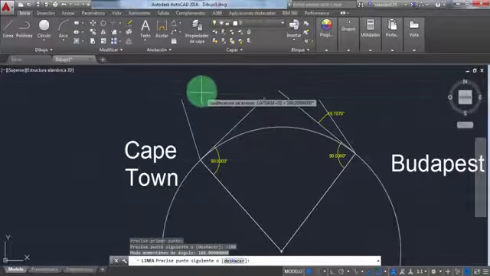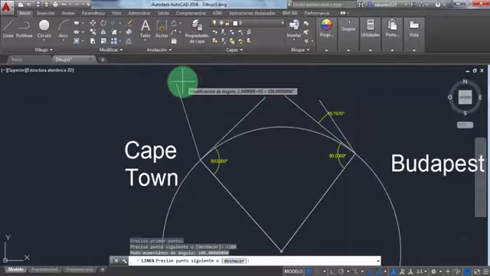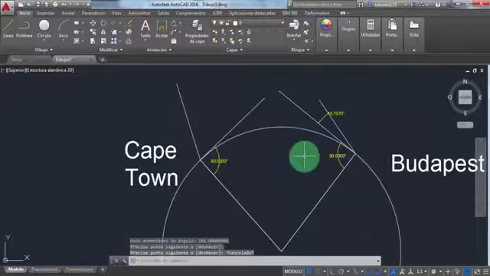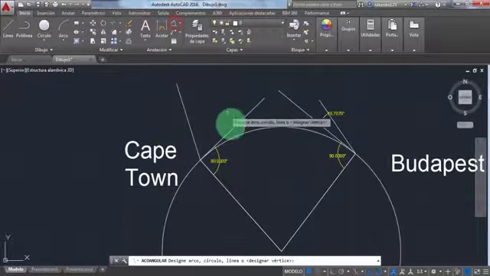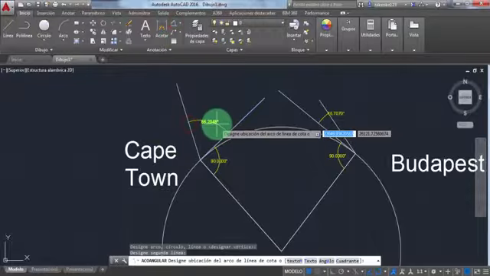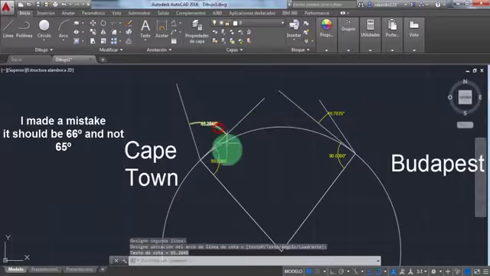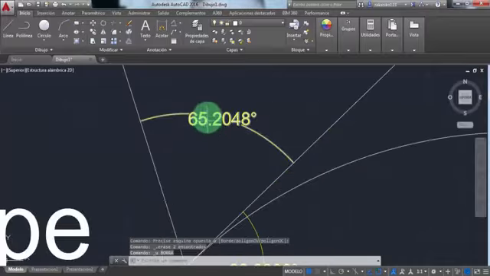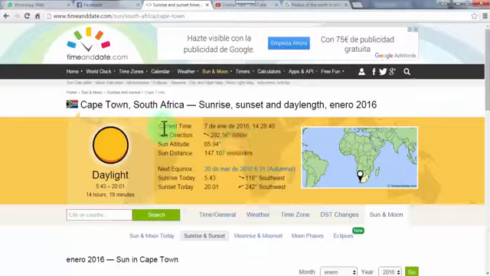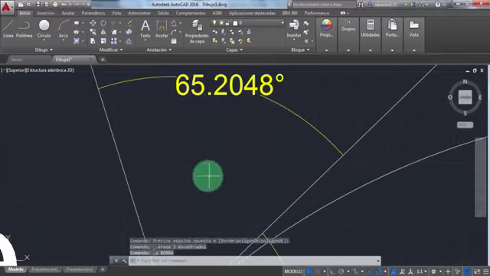Now let's draw the angle in AutoCAD. Oops, I made a mistake. It should be 66 degrees and not 65. Let us check the website just in case. Okay, it has changed to 65. Good. So I'm just going to leave it like that.